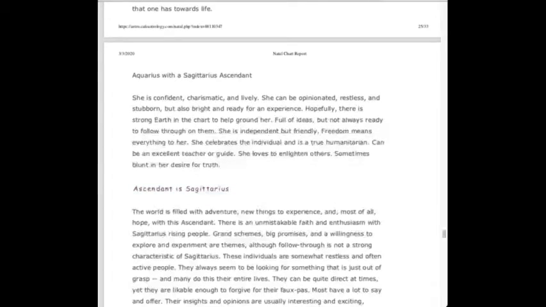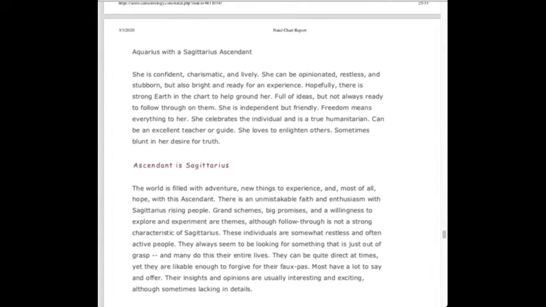Ascendant is Sagittarius. The world is filled with adventure, new things to experience, and most of all, hope with this ascendant. There is an unmistakable faith and enthusiasm with Sagittarius rising people. Grand schemes, big promises, and a willingness to explore and experiment are themes.